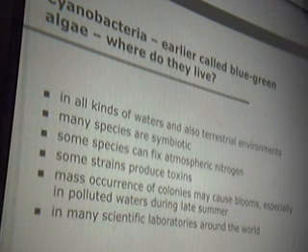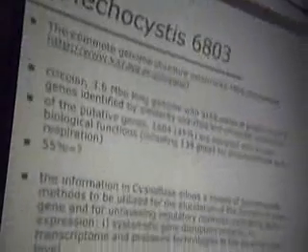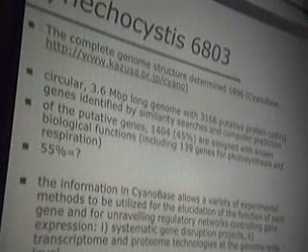And they also live in many scientific laboratories around the world, and they are actively used in research. I will try to describe more closely now why they are so useful for basic and maybe also for applied research.